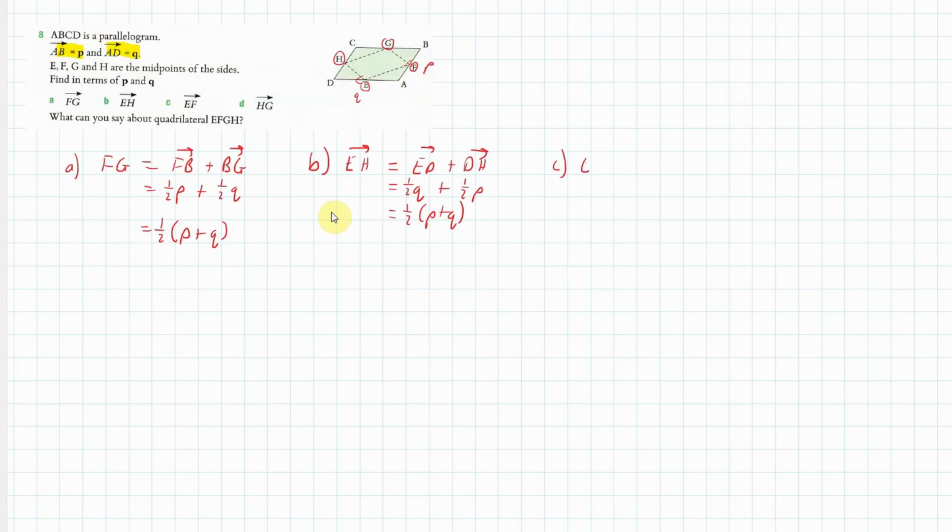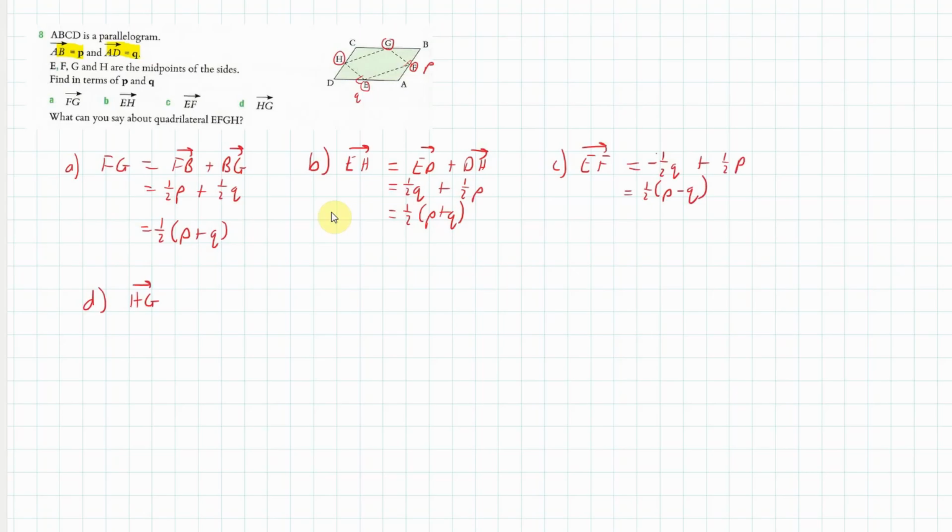Now C is EF. Now E to F is, where is F? Okay, going the other way, that's going to be negative 1/2 Q, because I'm going in the opposite direction, plus 1/2 P. So this looks like 1/2 into P minus Q. And then the final one, D, HG.